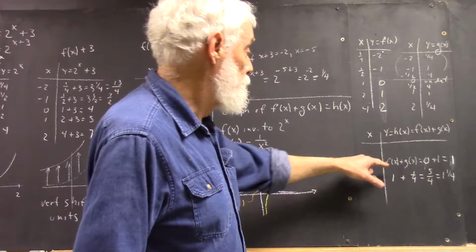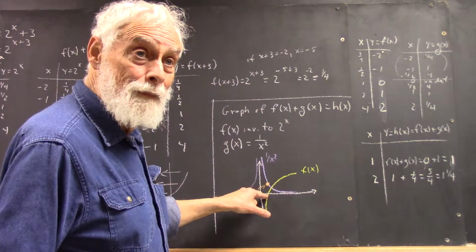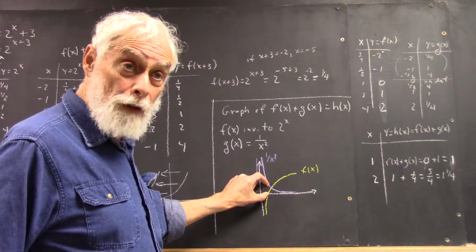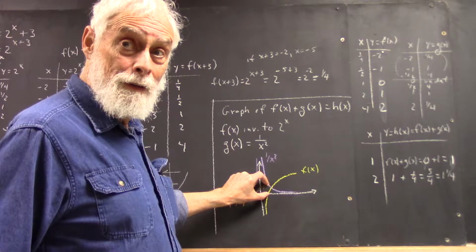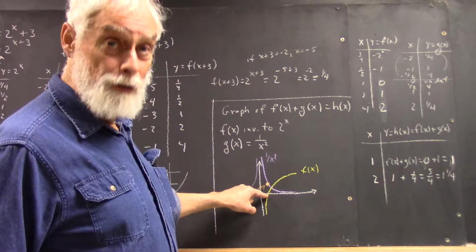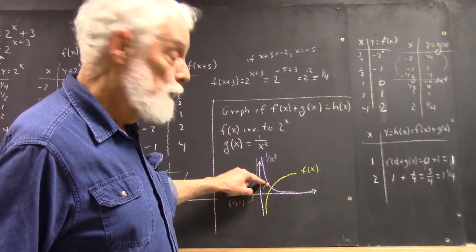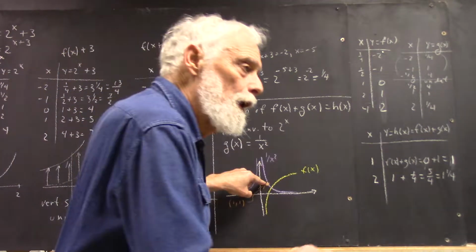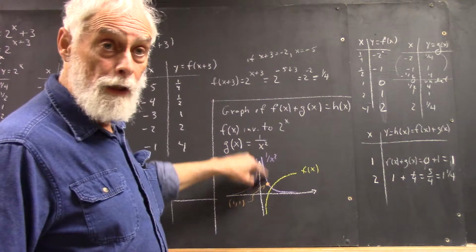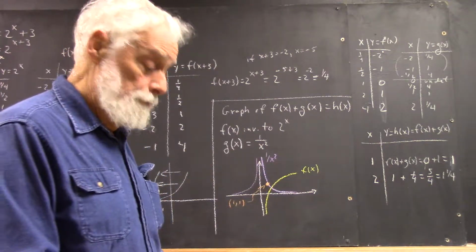Okay? We got just a 0 from this one. To add to the 1 that we get for the y value here just gives us 1, the same y value. Okay, so when this function is 0, when we add them, we get just whatever we get for this function. Meaning the point of the graph of the sum is going to be on the graph of this curve. Okay?